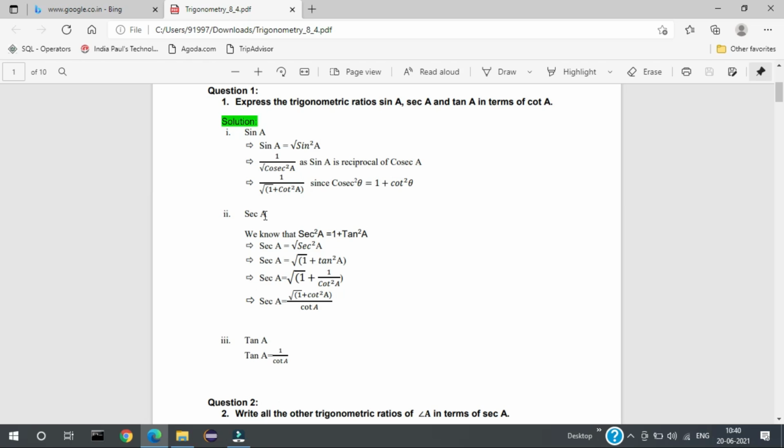Next, coming to secant A. How can secant A be written in terms of cot A?